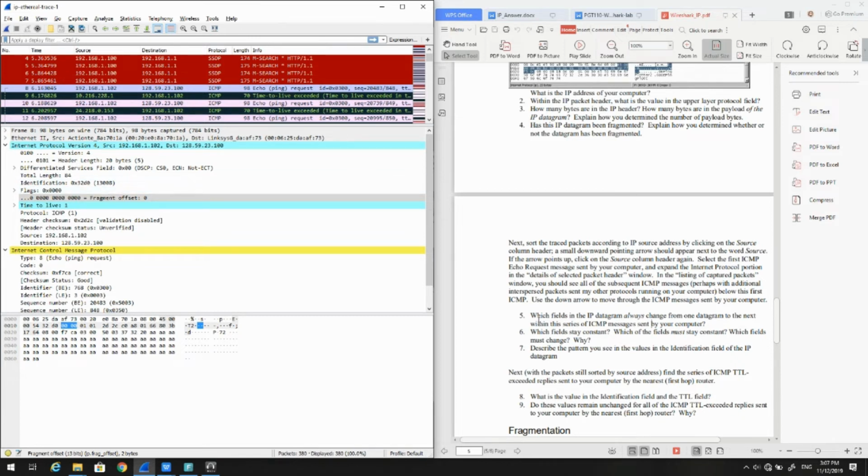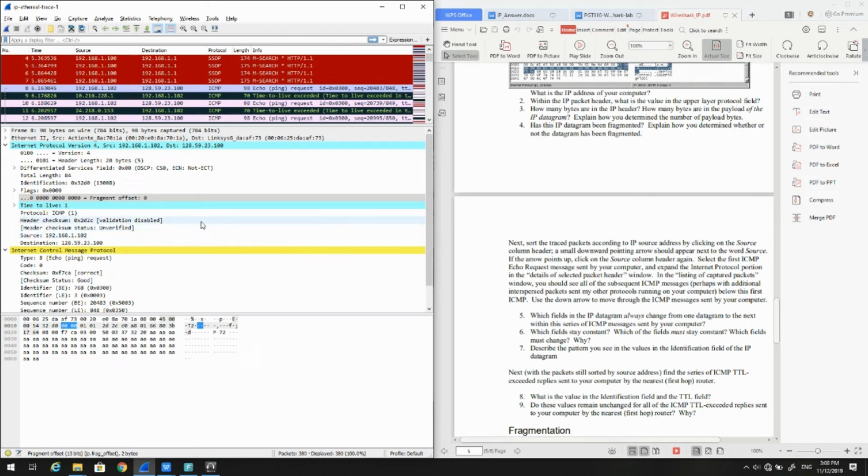So for number 6, which fields must stay constant, and which fields must change? The fields that must stay constant are the IP version, the header length, the IP source, the IP destination, and the upper layer protocol.